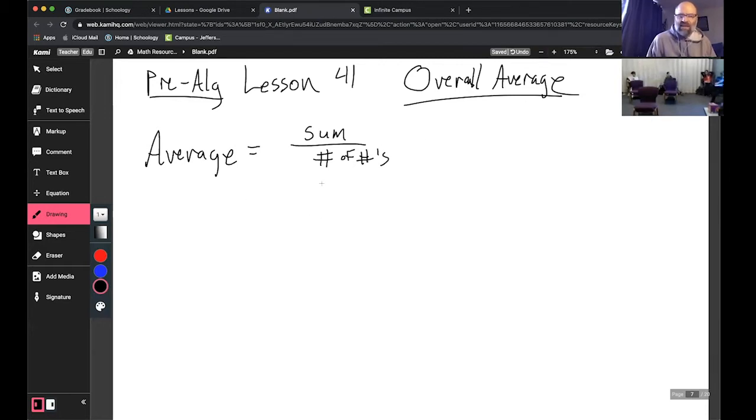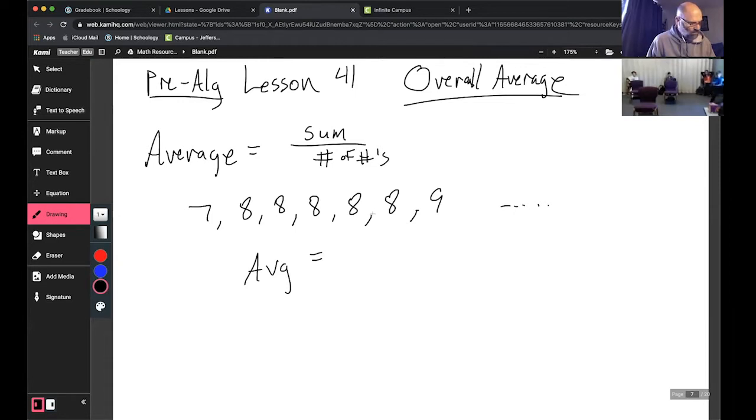Let's do an example with just normal average first. Let's say that there's a 7, an 8, an 8, an 8, an 8, an 8, and a 9. How do you find the average? You add them all up and then you divide by the amount of numbers.